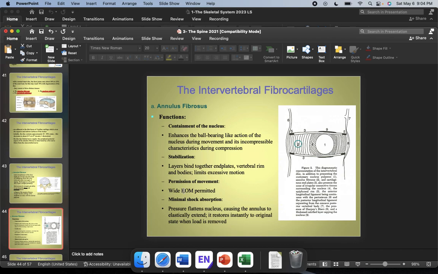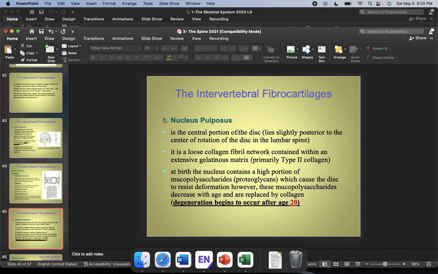As I've mentioned, range of motion was the trade-off, but it seems like a good trade-off in this instance. One important point about the annulus fibrosus is that it has minimal shock absorption, because it is collagen fibers layered and layered and layered. This portion of the disc is not the one that is good at allowing for a squish between the vertebral bodies.